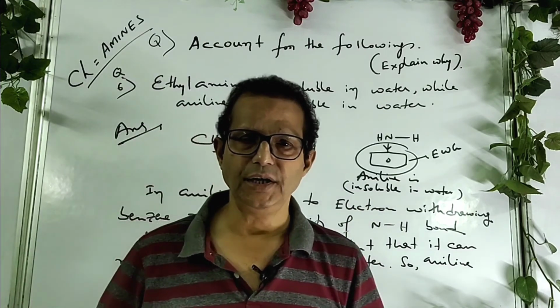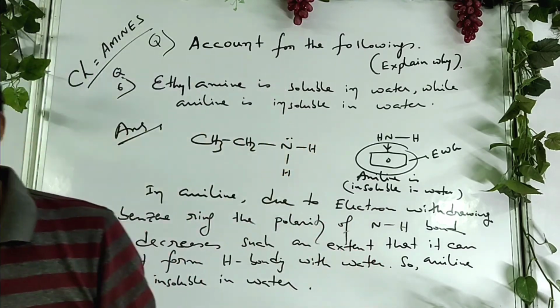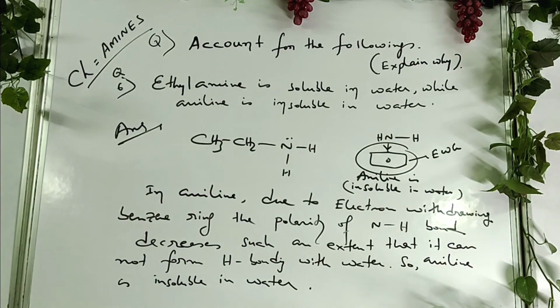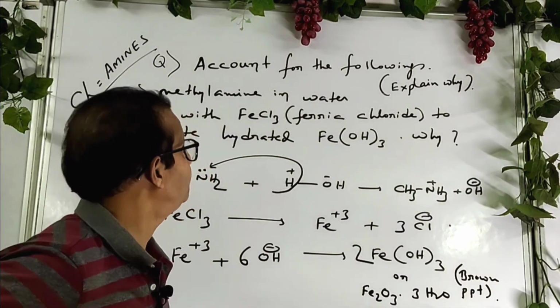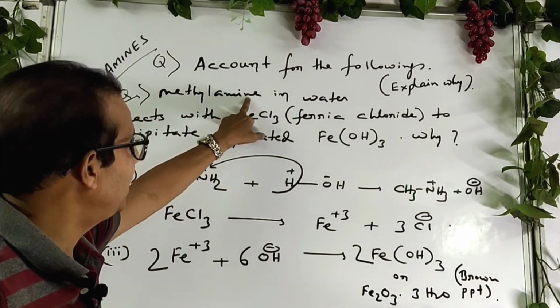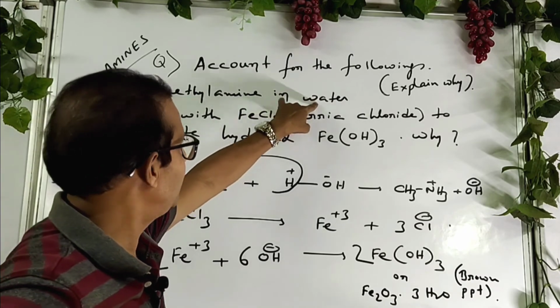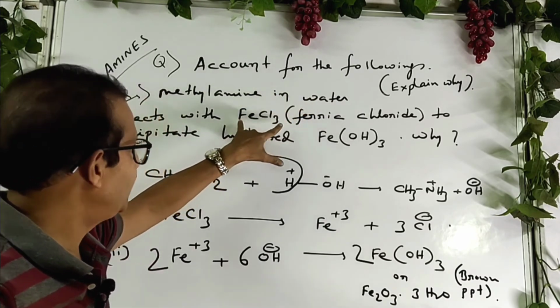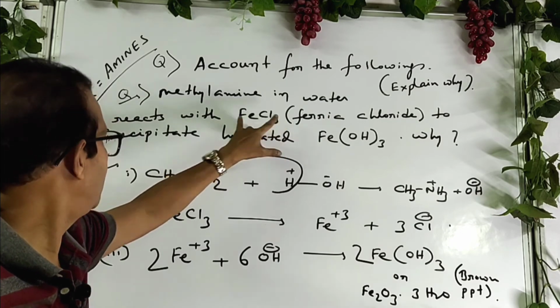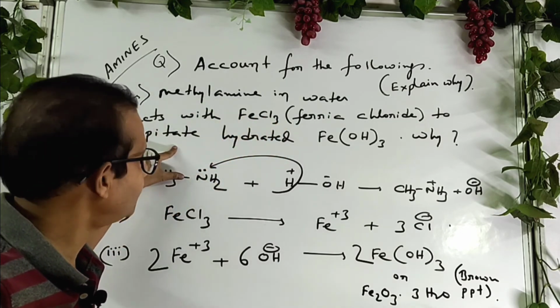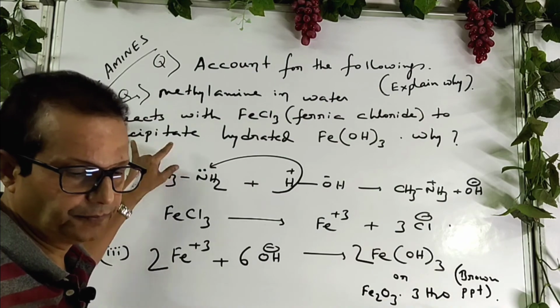Now the next question, do understand. So listen to the question. Methylamine, when dissolved in water, easily reacts with ferric chloride to form a precipitate. Why?